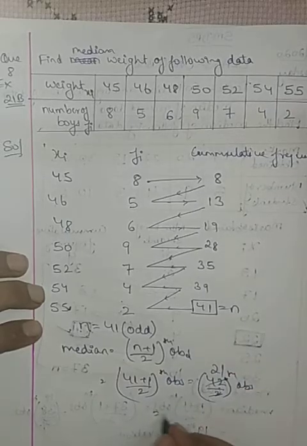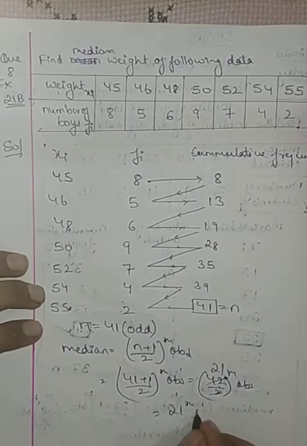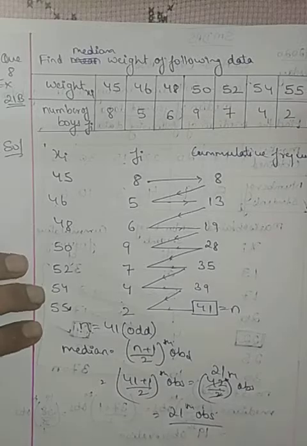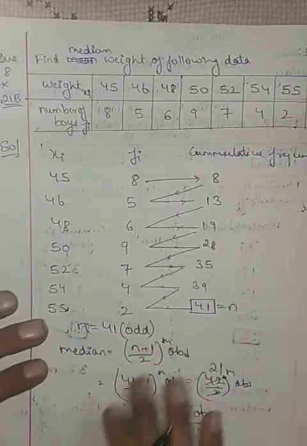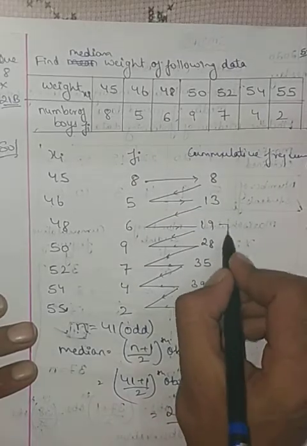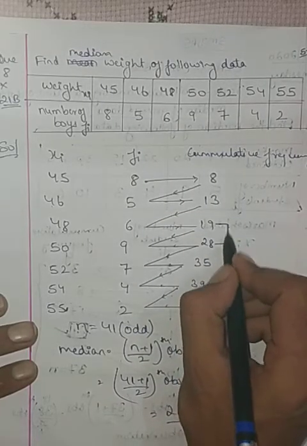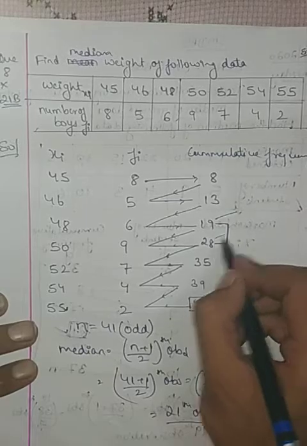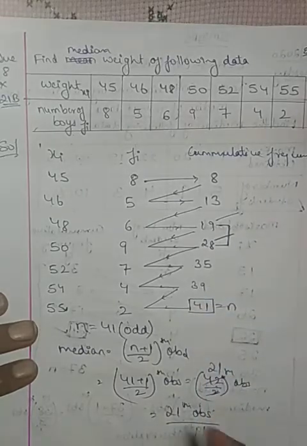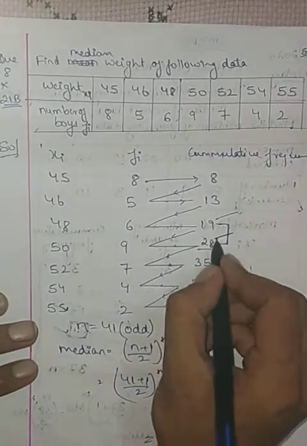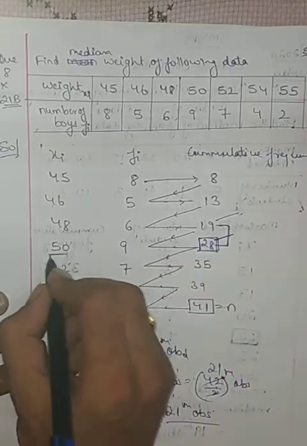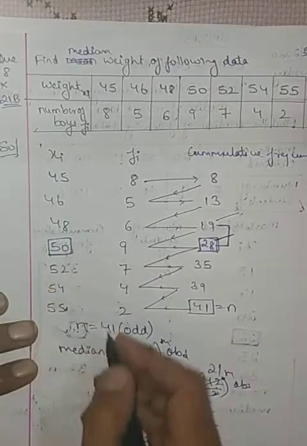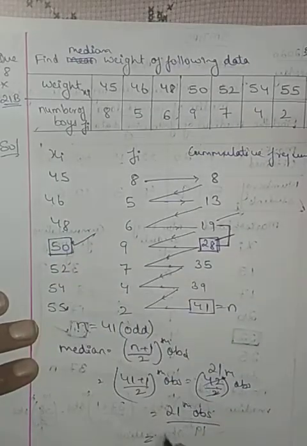Cancel it out and you will get the 21st observation. Now we have to locate 21 is in between which two cumulative frequencies? It will be between 19 and 28. This is the first and second. We have to take the second one. So 28 is the cumulative frequency and median will be the xi of this class. The xi is 50. So the final answer is 50.